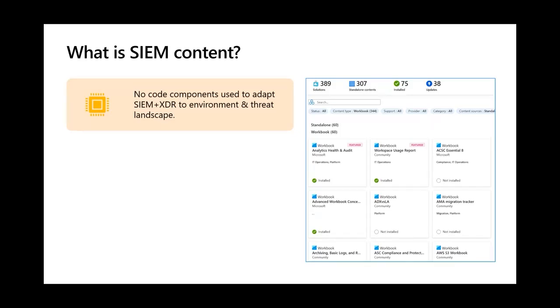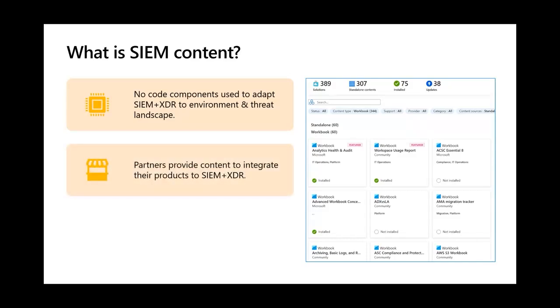So content are no-code artifacts or less code artifacts that are used by SIEM users, mostly you out there, also by service providers to adapt the SIEM and also XDR to the environment. It might be to the specific IT systems, it might be to the threat landscape, and most importantly, to the specific processes and procedures in the organization.